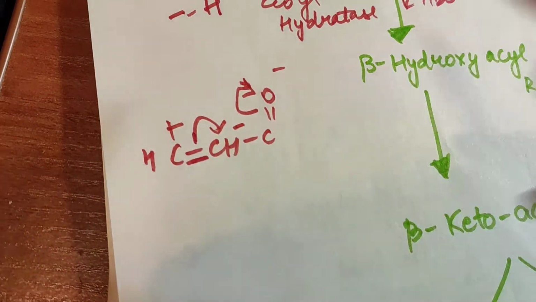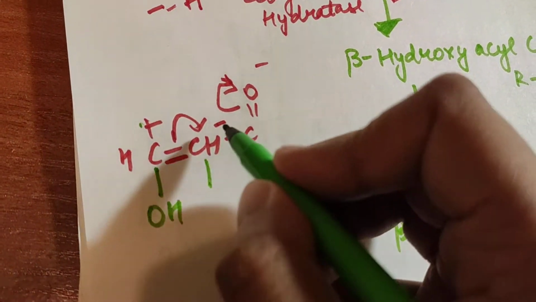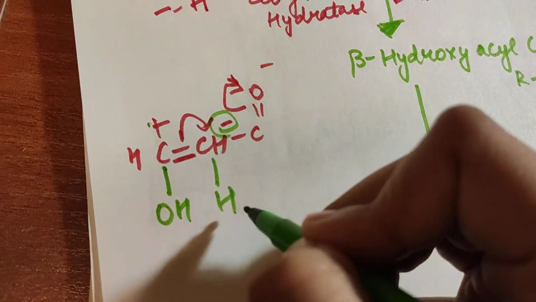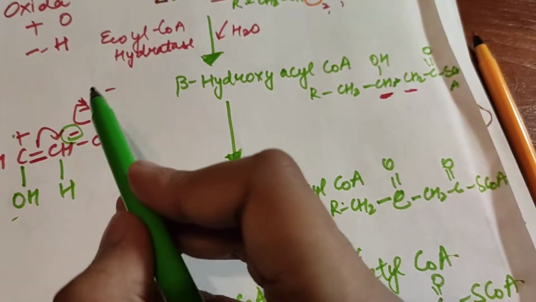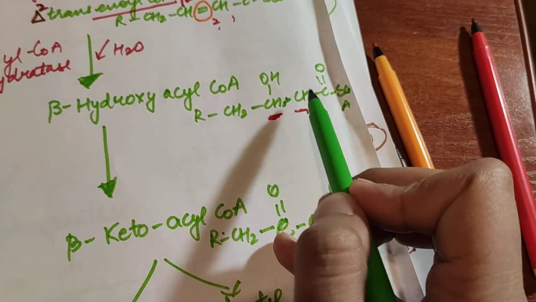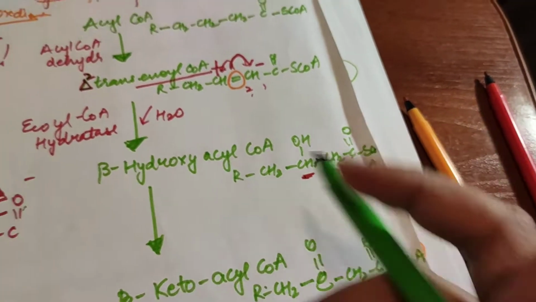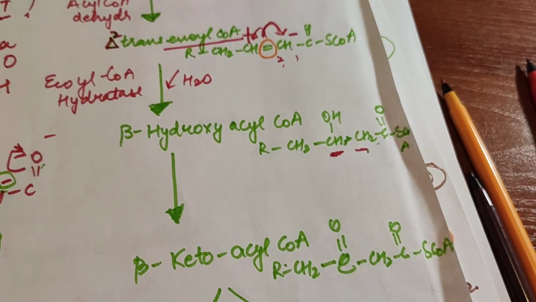This is not necessary, but for the explanation purpose, you need to know that OH is negative, so it will go on the positive carbon, and here negative will be coming, so H positive will be coming. So the carbon near oxygen will get hydrogen, this H2, and the carbon far away from oxygen will get the OH negative form. Okay, this is the beta hydroxy acyl coenzyme.